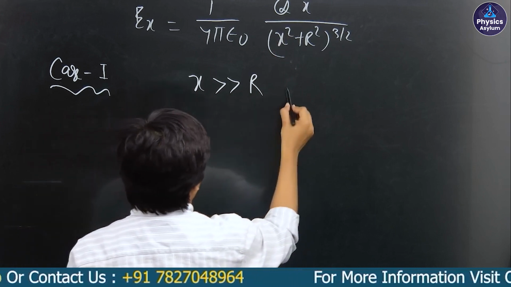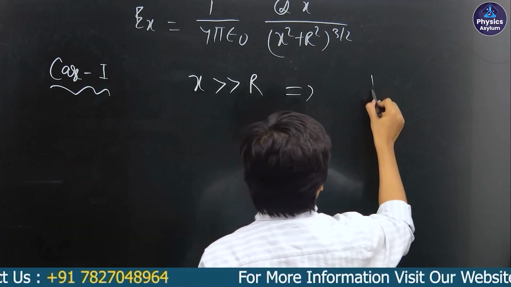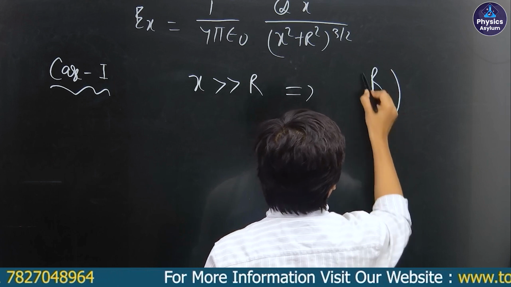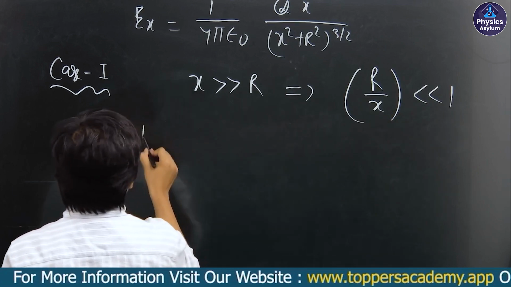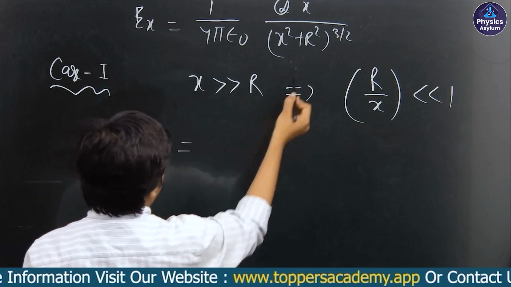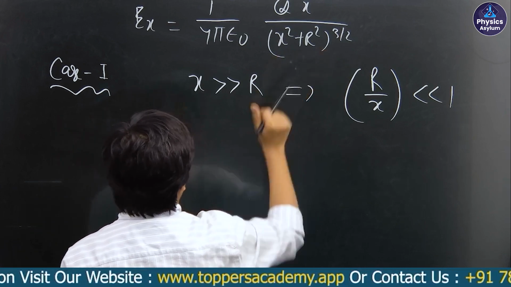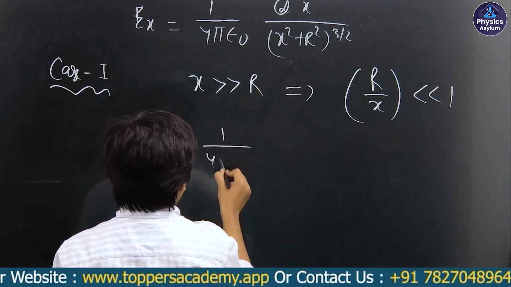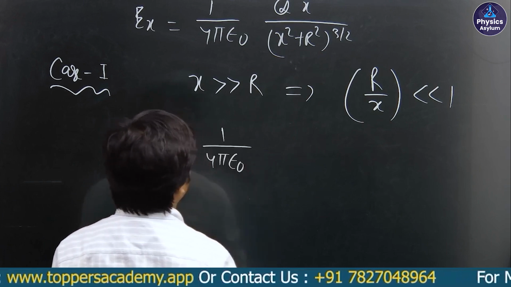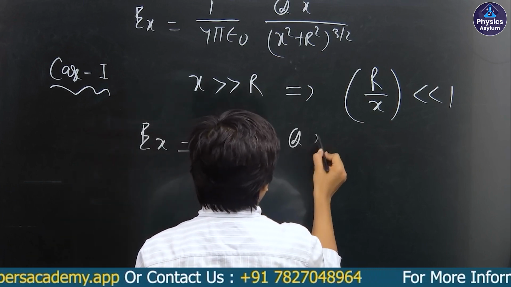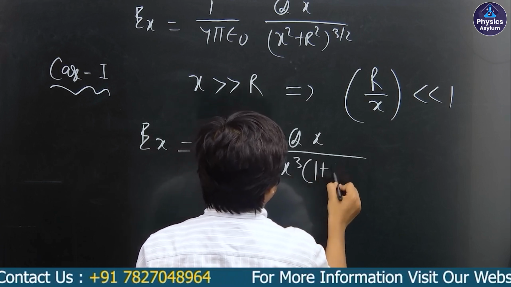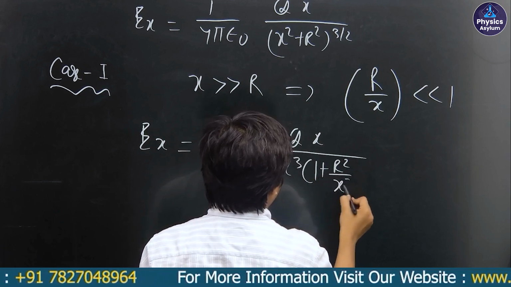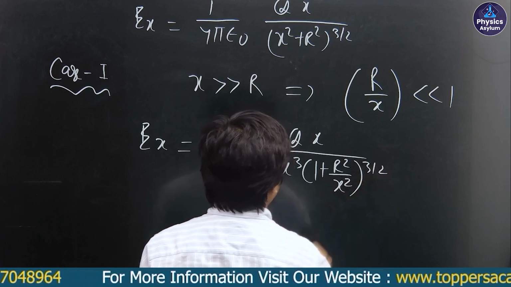Then this implies that r by x is much less than 1. So in this expression, if I take x square common from this bracket, then I will be left with 1 over 4 pi epsilon naught Qx divided by x cube times 1 plus r square by x square raised to the power 3 by 2.